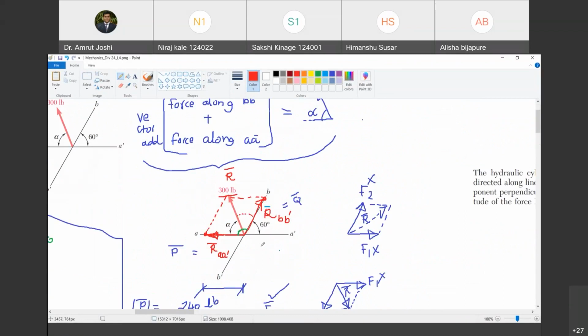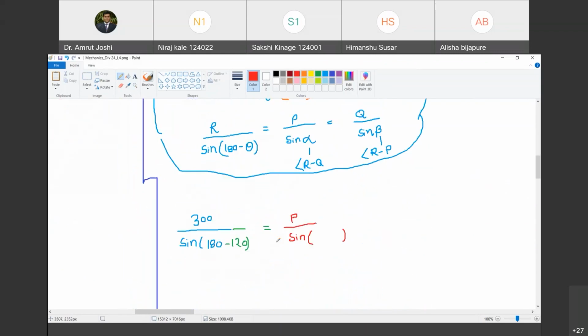Is it 180 minus 60 plus alpha? Yes, sir. So can I write it as 180 minus, in bracket, 60 plus alpha? Do you agree with me? Yes, sir. Okay. Is there any doubt?